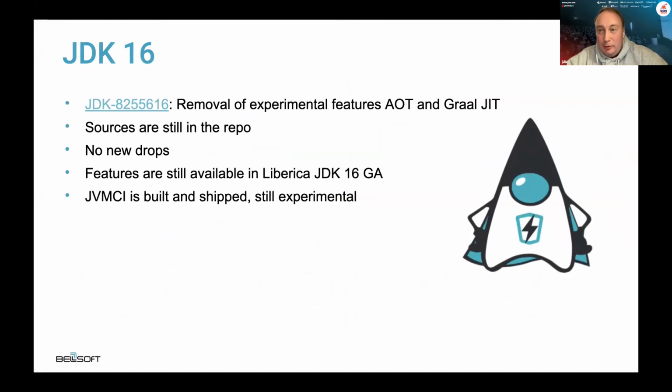Let's talk a bit more about native images. Native images are produced during static compilation, or ahead of time compilation. There used to be a feature, an ahead of time compiler in the JDK itself.